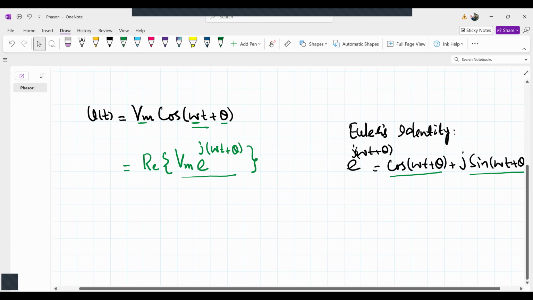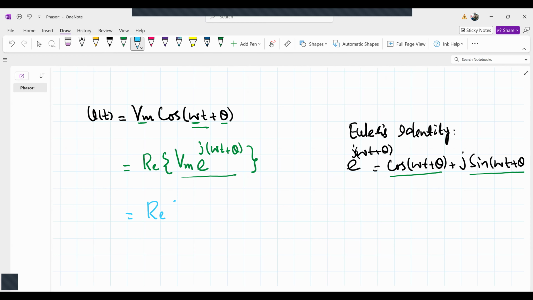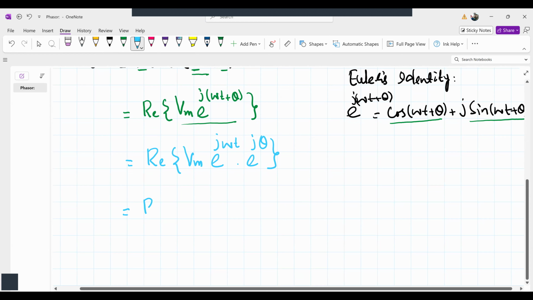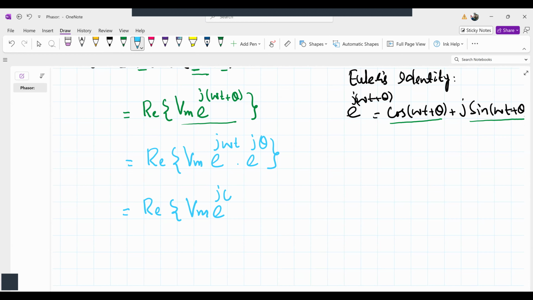So now let's break the exponent into two terms. We can write it as the real part of Vm e to the power of j omega t into e to the power of j theta. And this can be written as the real part of Vm e to the power of j theta e to the power of j omega t.